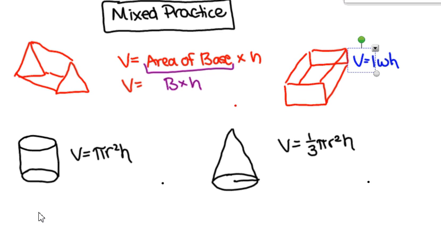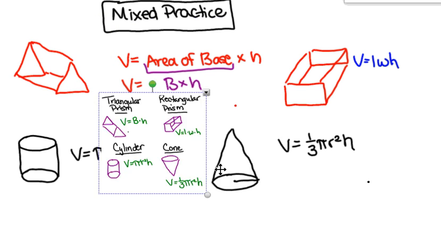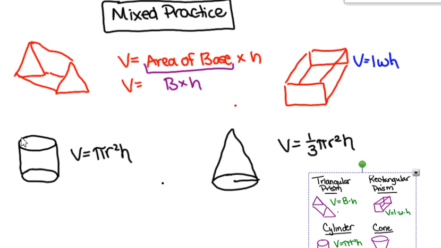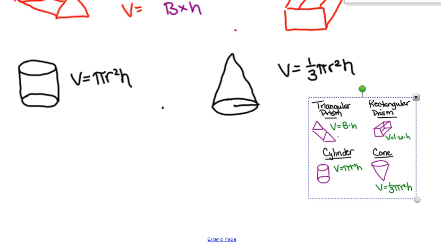All right, so here's my sticky note. I've got the four different shapes on here. I've got the triangular prism with that formula volume is equal to capital B, the area of the base, times the height. I've got my rectangular prism, my length times width times height for the volume.